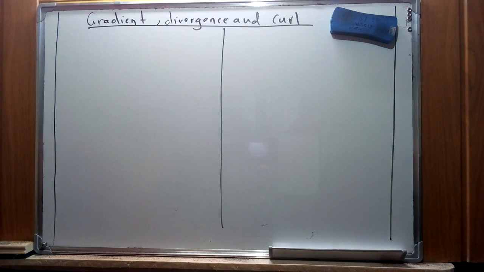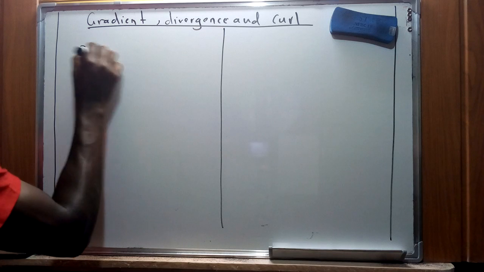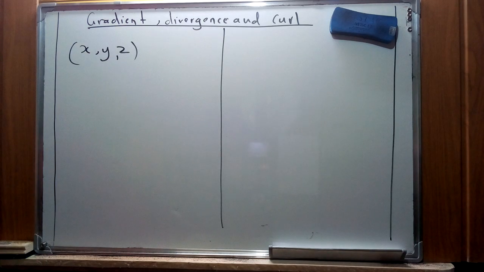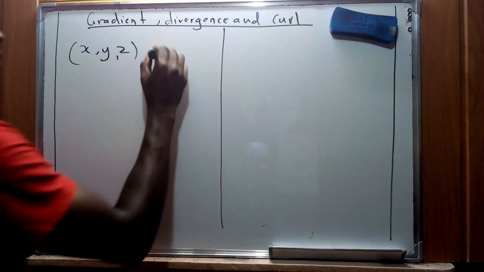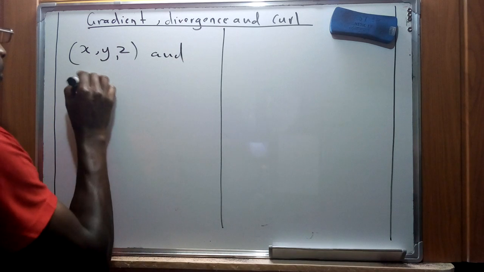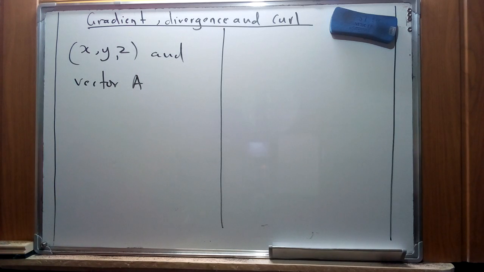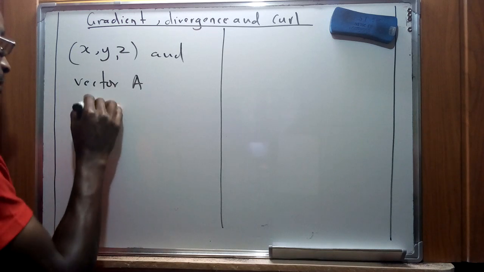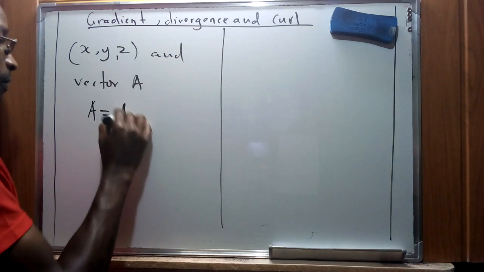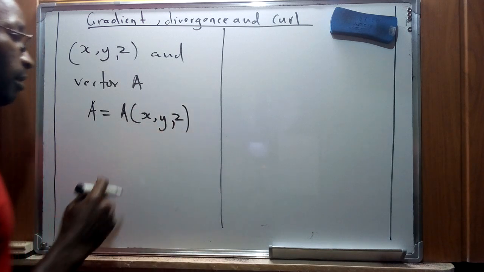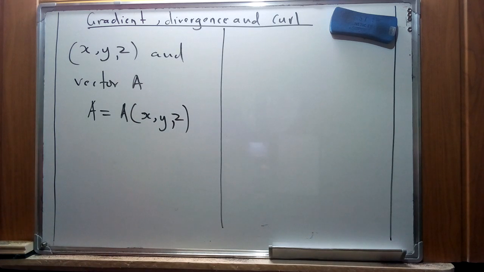Now, suppose we have a point x, y, z in a rectangular coordinate system, and there corresponds a vector, which is represented as a vector A. We can represent A in terms of this coordinate system by giving it x, y, z, which are the points in this specific coordinate system.